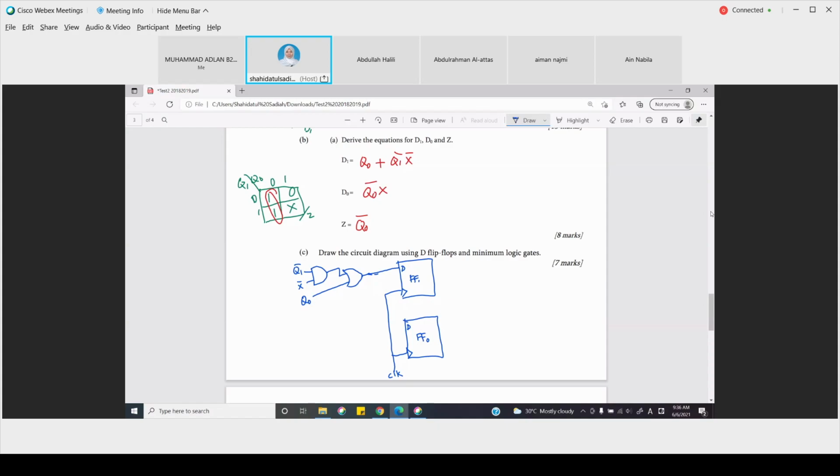And this one is Q0 bar X. So you don't have to draw the feedback like this Q0 bar here, coming from here.